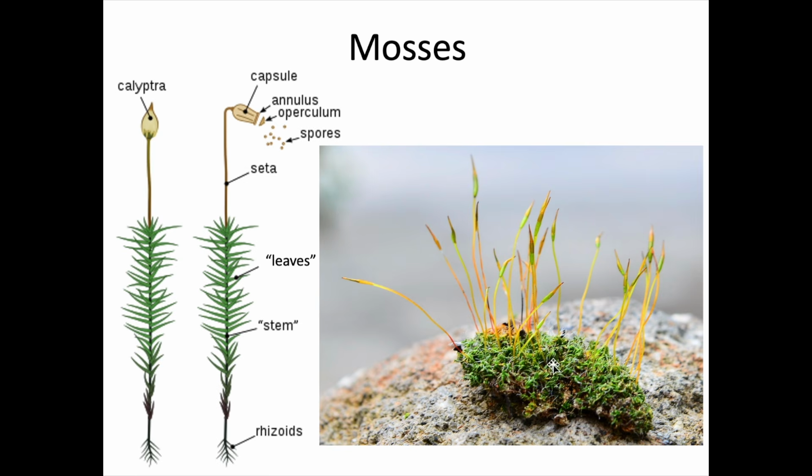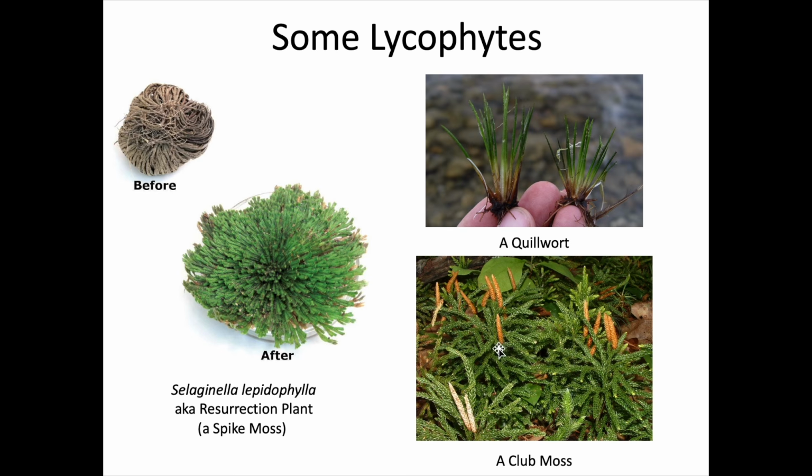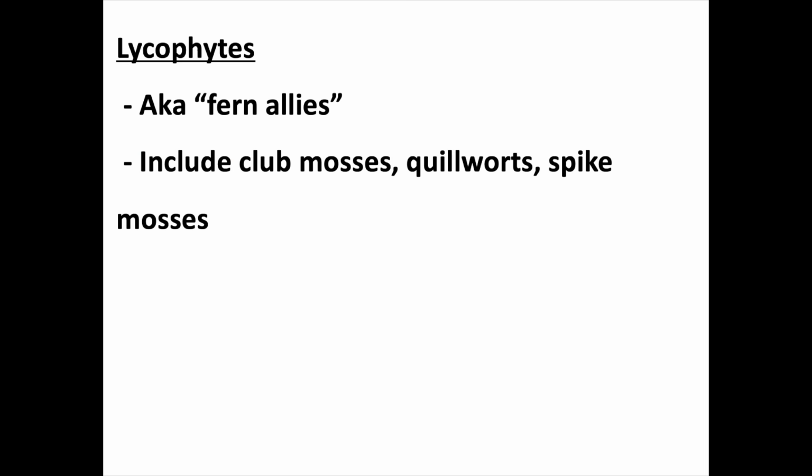It's hard to see the scale, but these club mosses are a good deal bigger than bryophyte mosses. Remember, vascular tissue allows for larger plants. They're still not huge, but they're bigger than moss. Lycophytes also include quillworts and spike mosses. Again, the word moss is just kind of thrown around a lot. So I think all I want you to know about lycophytes is they're fern allies. They got club mosses, quillworts, and spike mosses.